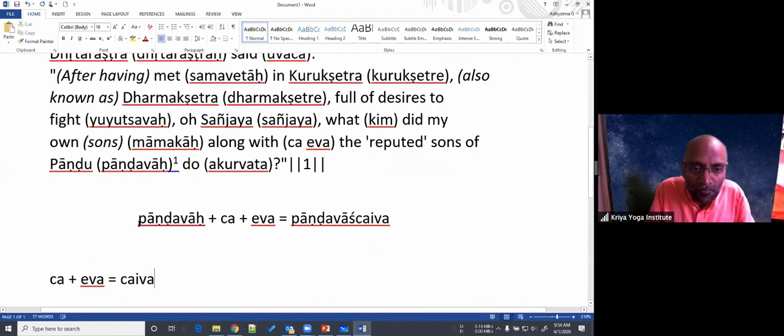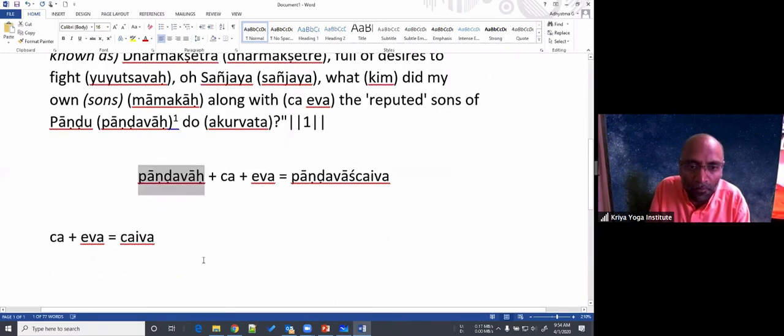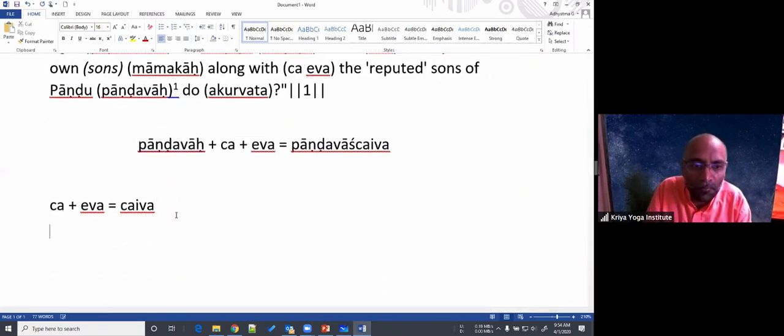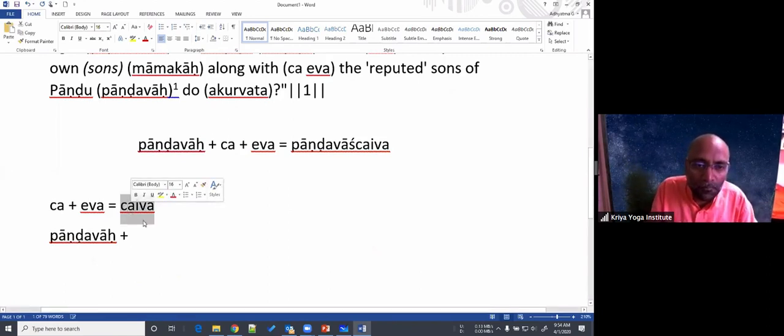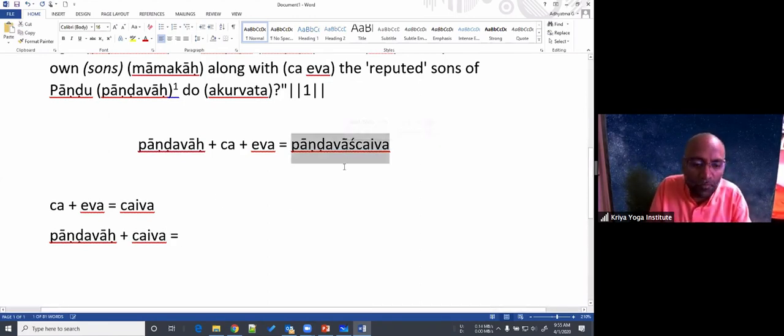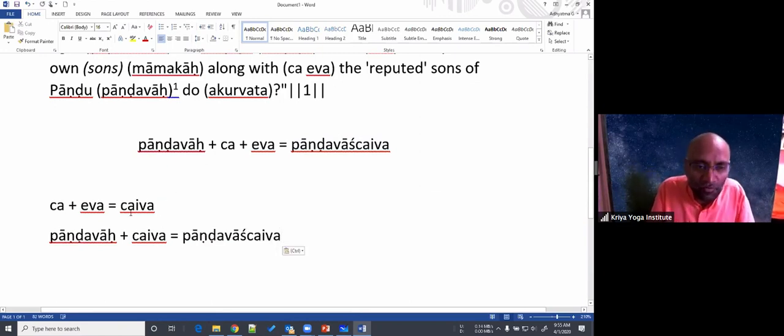And another is then Pandava plus that, so it has become like this. When we learn Sandhi rules, we learn them one by one naturally, and then you see how this word is actually a combination of these three.